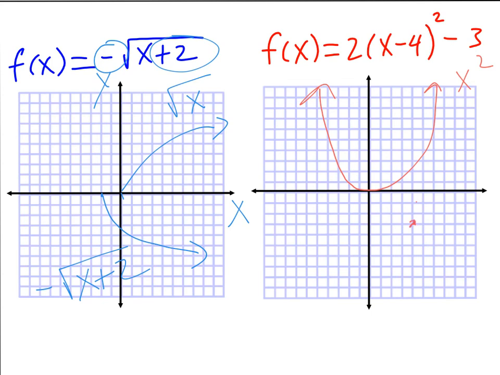Which means I'm thinking about right there. So that's where my vertex is going to be. That's the only point I'm actually going to shift. And again, that is 2 times (x minus 4) squared minus 3. It's got the vertex labeled for the shift over 4 and down 3. And again, I tried to sketch it so that it's noticeably skinnier than the parent function. Because again, that's the effect of that 2.